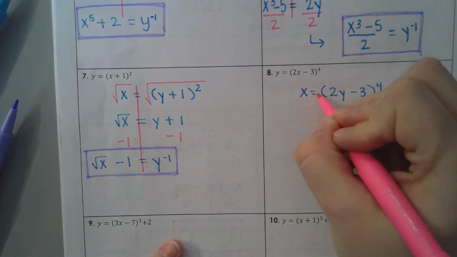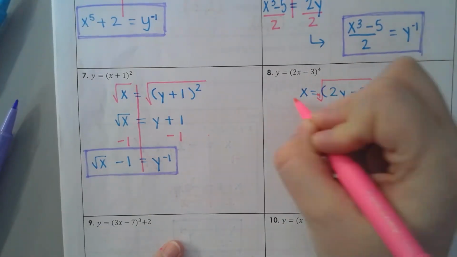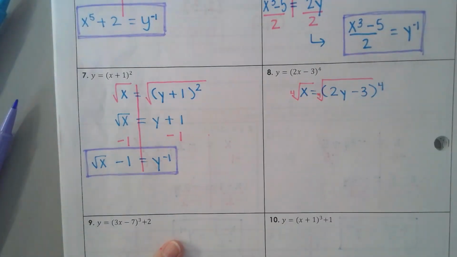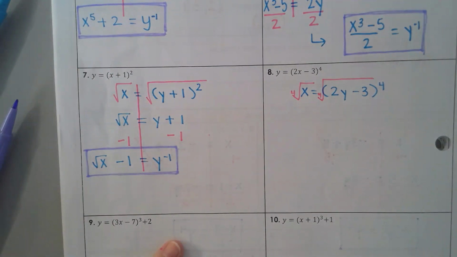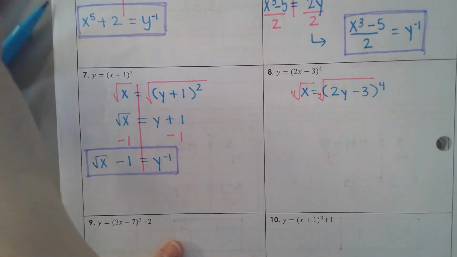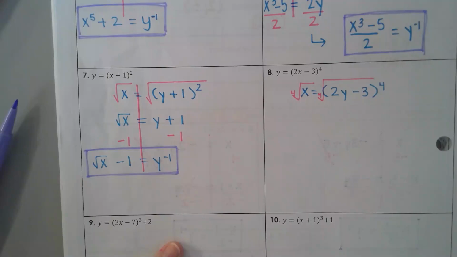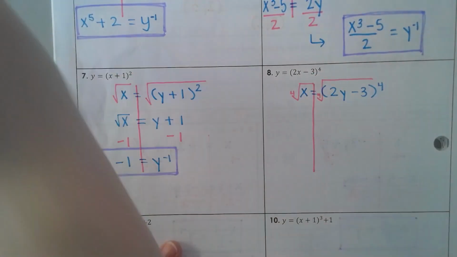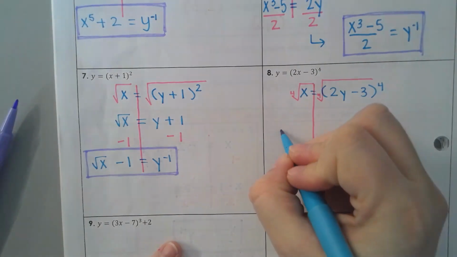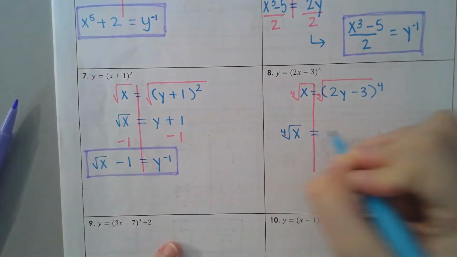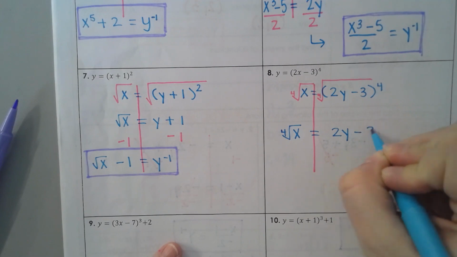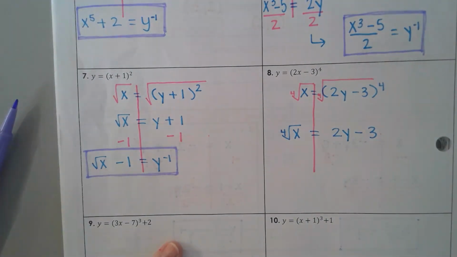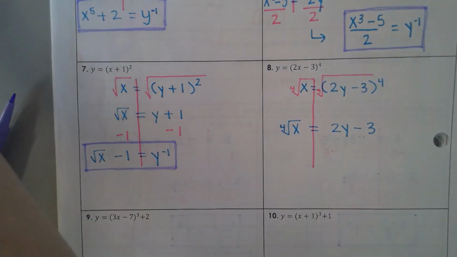So it's like the 4 symbol. So we would have the 4th root of x equals 2y minus 3. Yep. And then I add 3.